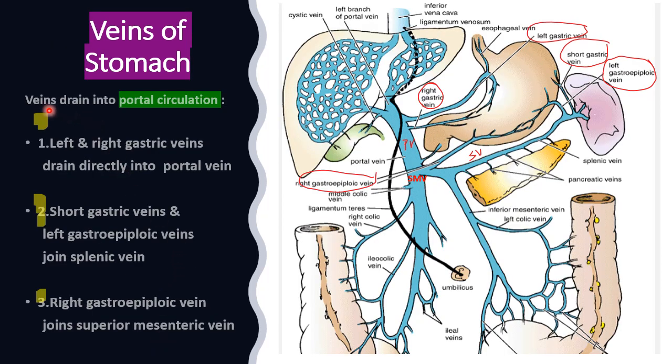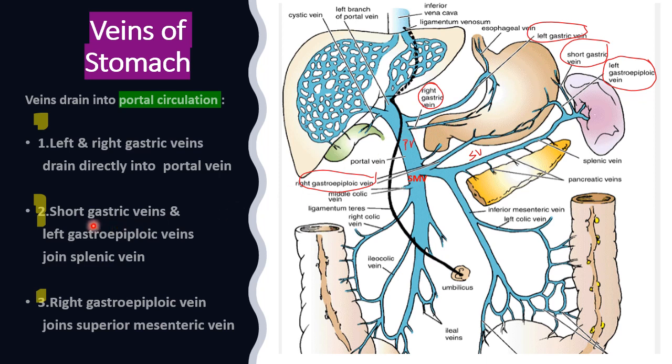Next, we look into the veins draining the stomach. All the veins that drain the stomach finally empty into the portal vein, shaded blue in color here. On the left side, this is the left gastric vein, this is the right gastric vein, which drain the stomach along its lesser curvature, draining directly into the portal vein.